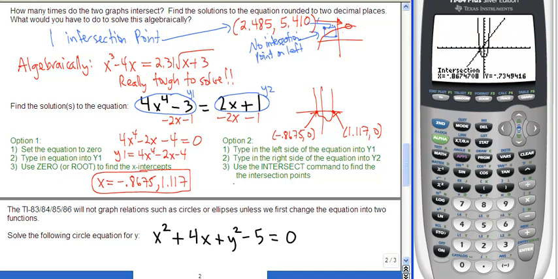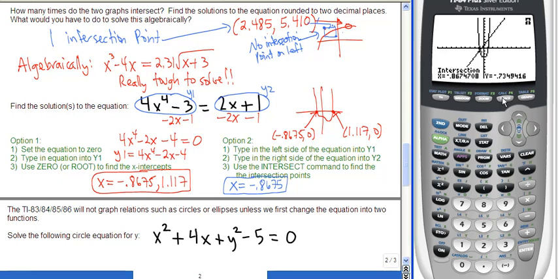So when x equals negative 0.8675, the y value is negative 0.735 as well. But in this case, usually when you're trying to solve an equation for x, you only need to give the x value. So I'm just going to write down the x value. There's one intersection point.